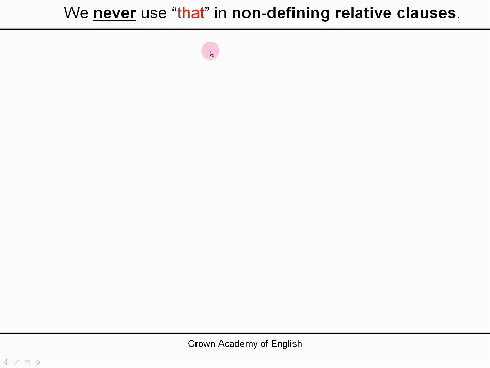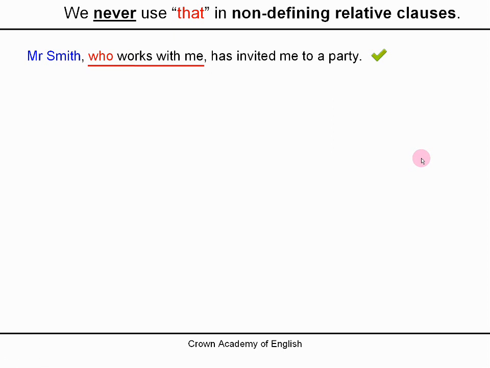So, let's now discuss that. For non-defining relative clauses, we never use that. Okay? We never use that in non-defining relative clauses. Examples. So, this is correct for a person, we use who.